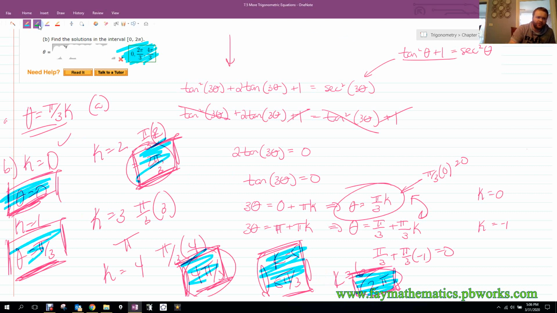Why did we find more solutions than what really are the answers? It's because of this step right here when we squared both sides. Okay, we brought in extraneous solutions.